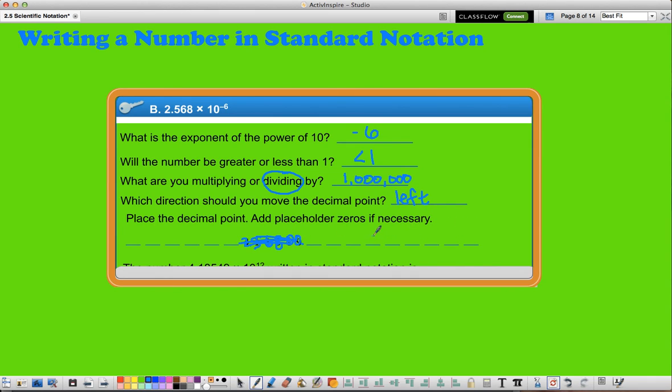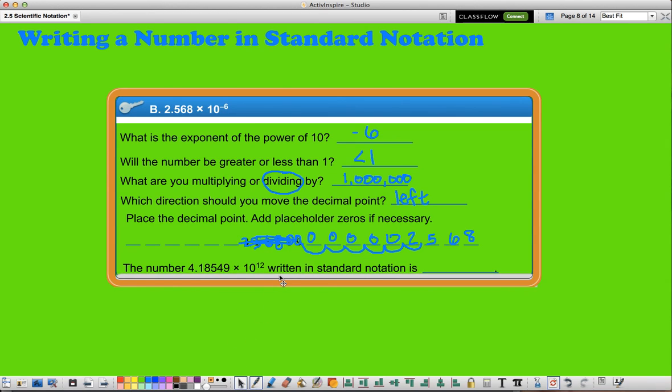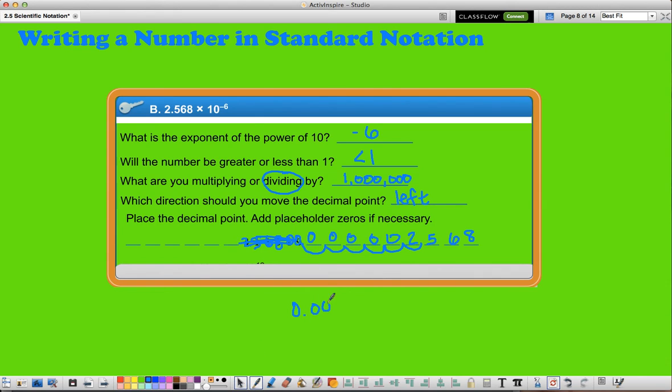We'll just do it this way, so 8, 6, 5, 2, and I'm moving it to the left 6 places, so 1, 2, 3, 4, 5, 6. So each of these becomes a 0. And so this number written in standard notation is 0.0000000.